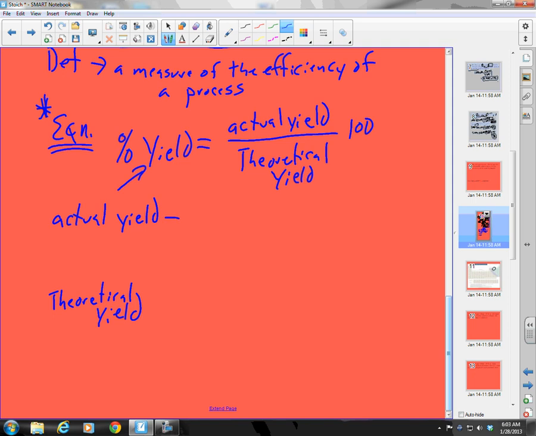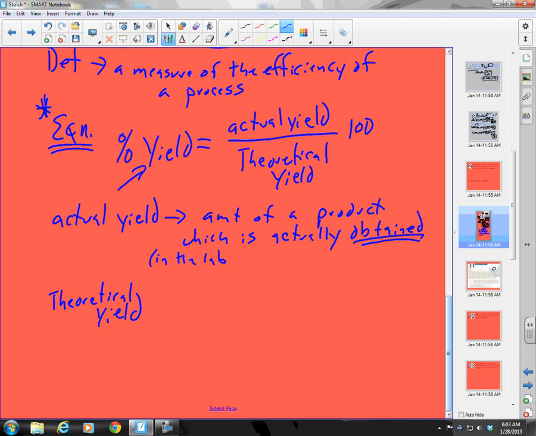Actual yield. What is the actual yield? This is the amount of a product which is actually obtained. Actually obtained means through the process in the lab. You actually get it. You can hold it, you can touch it, you can stick it in your ears. In the lab, in the plant.